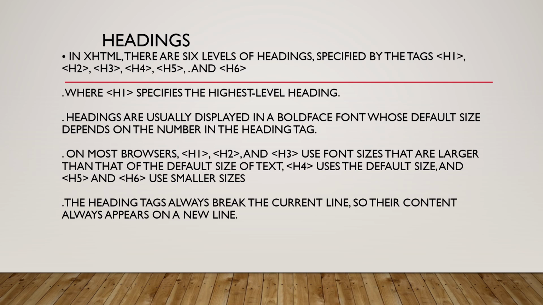On most browsers, H1, H2 and H3 use font sizes that are larger than the default size of text. H4 uses the default size, and H5 and H6 use smaller sizes. The heading tags always break the current line, so their content always appears on a new line.